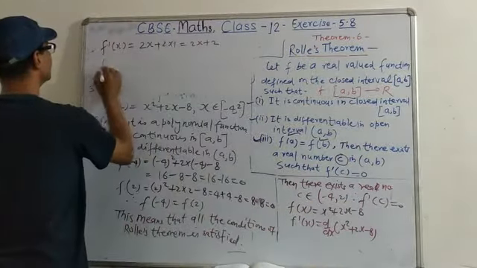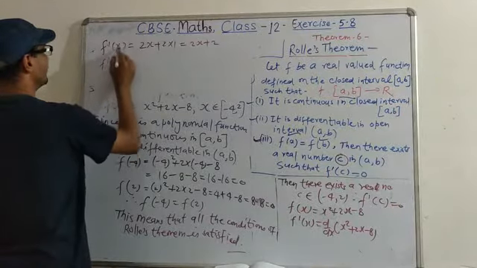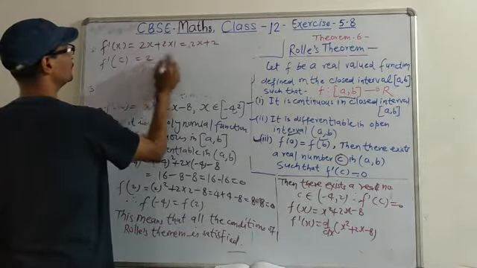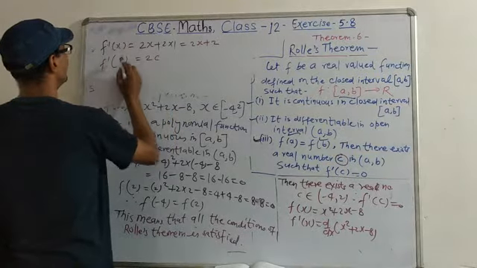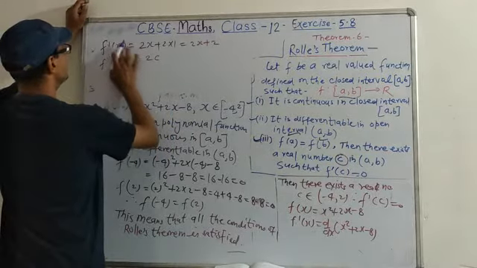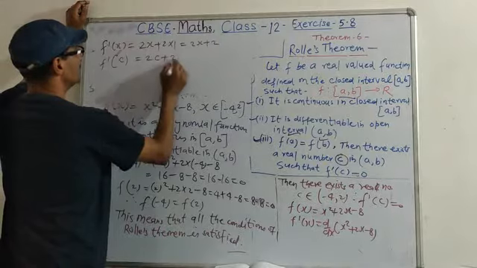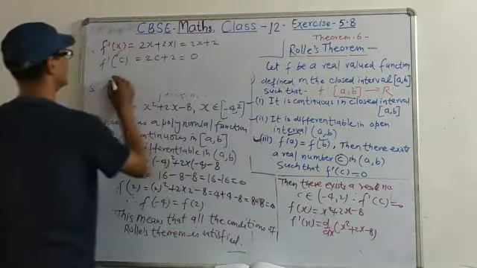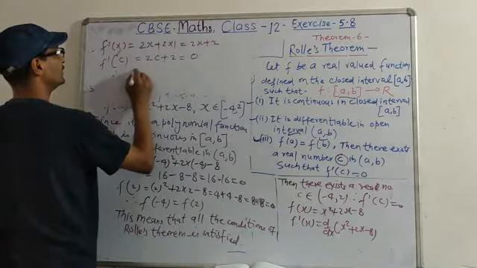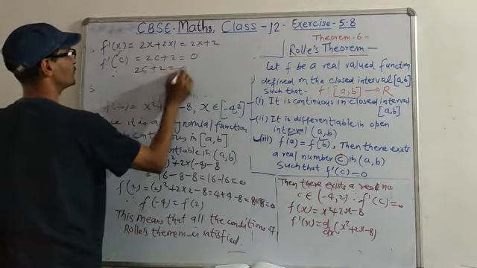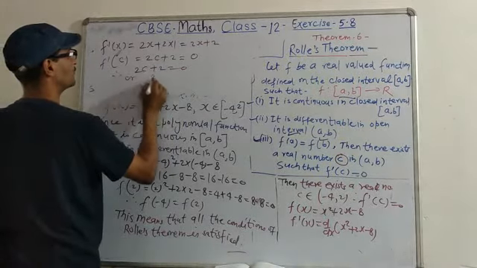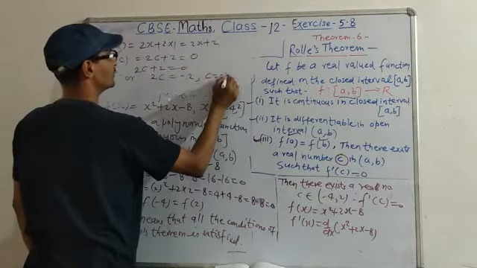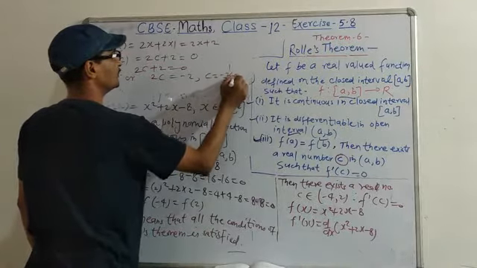So here f dash c: x is replaced by c, so 2c plus 2, and f dash is equal to 0. Therefore 2c plus 2 is equal to 0, or 2c is equal to minus 2. That means c is equal to minus 2 by 2, which is minus 1.